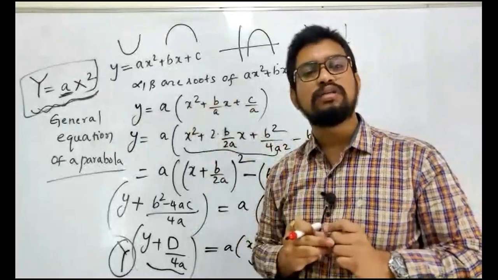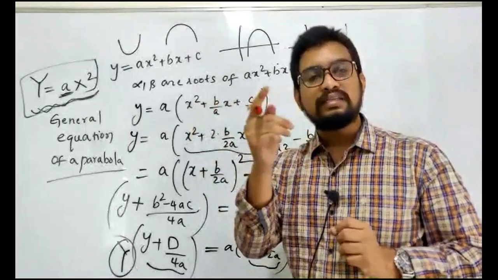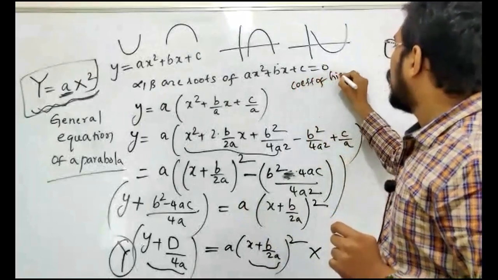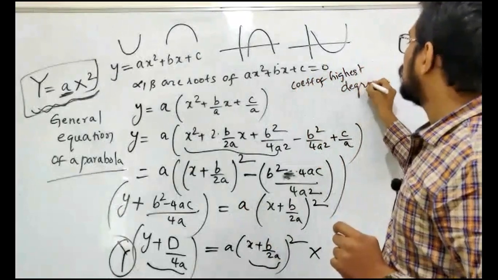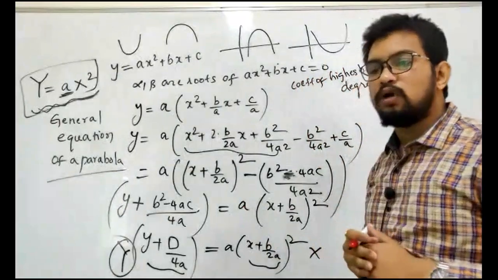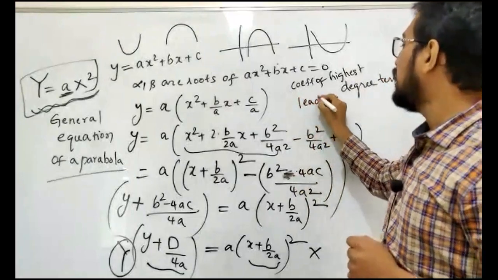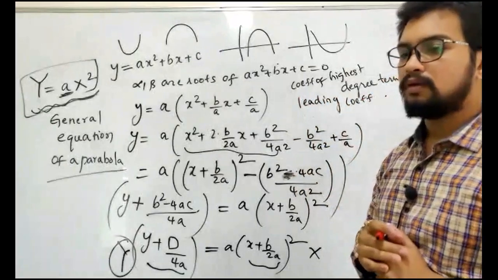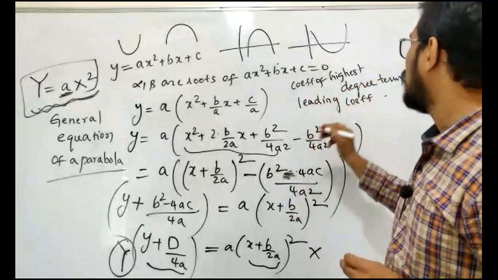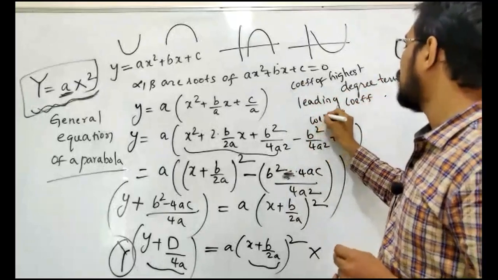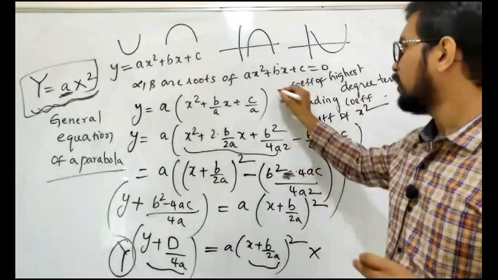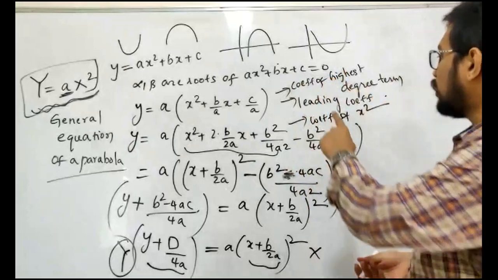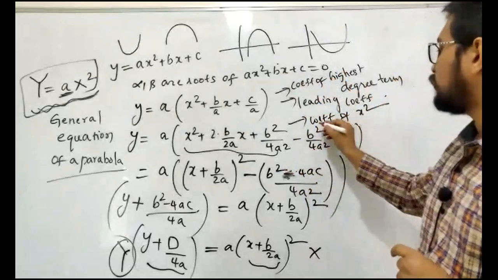You may also see it called the coefficient of the highest degree term, or leading coefficient, or simply the coefficient of x square. It can appear in any of these forms in a question.